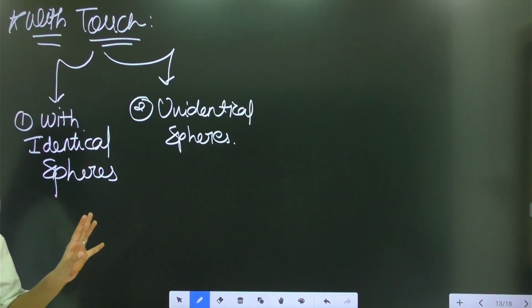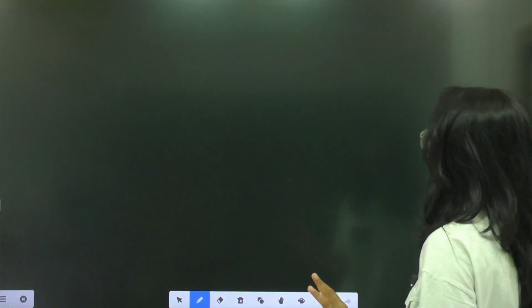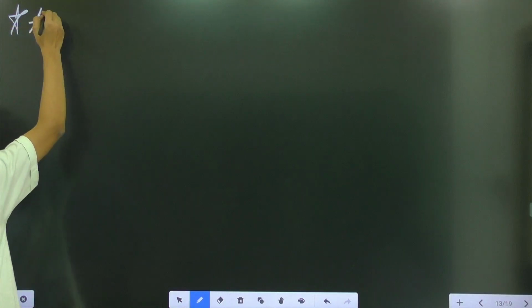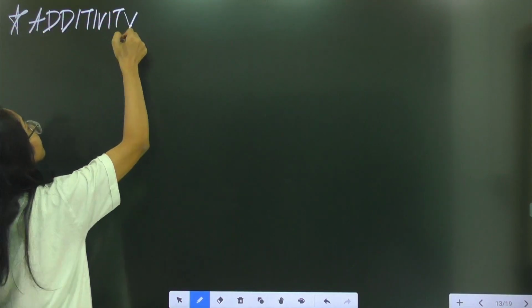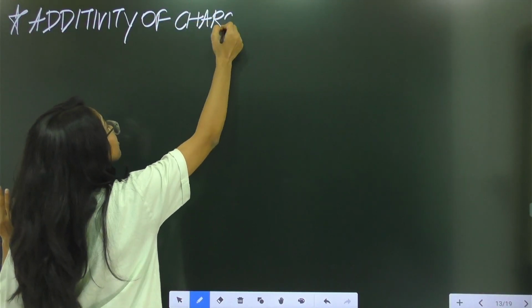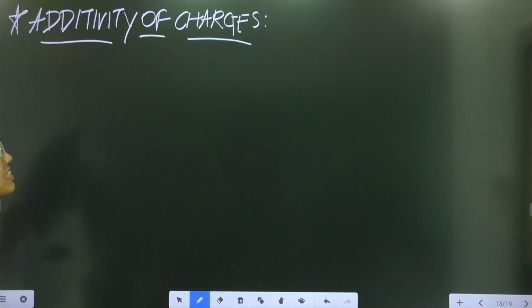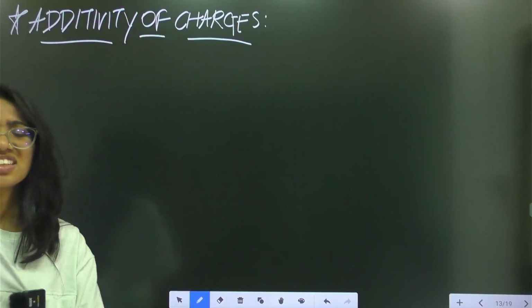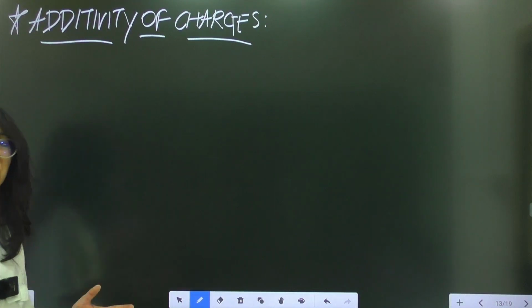Now before this I want to teach you a topic, that is additivity of charges. Before we start induction, I want to teach you this additivity of charges. Now what is additivity of charges? It's super easy and it's super logical if you think about it a little.